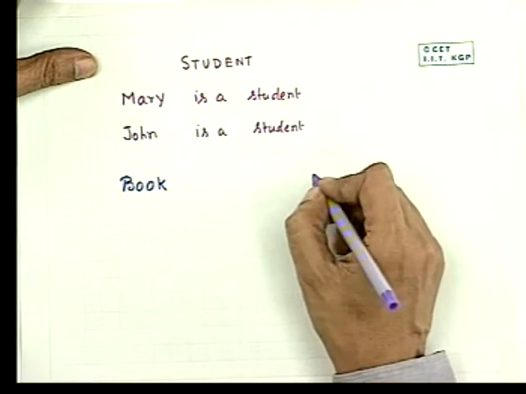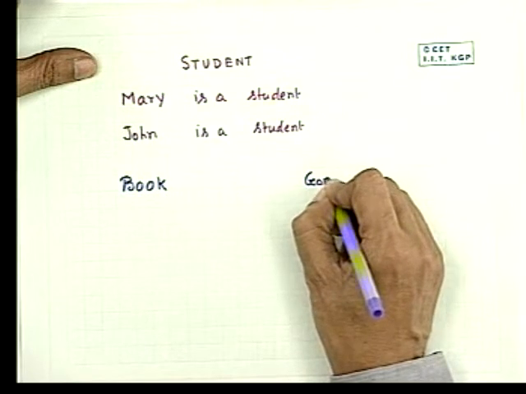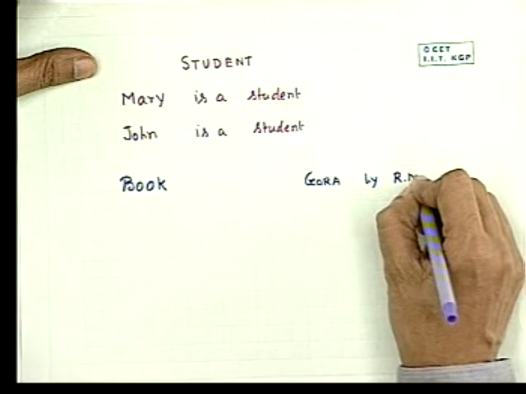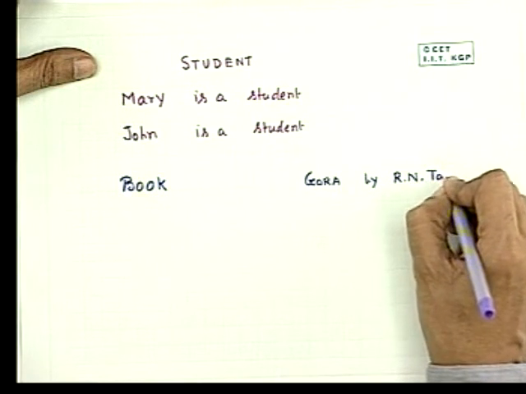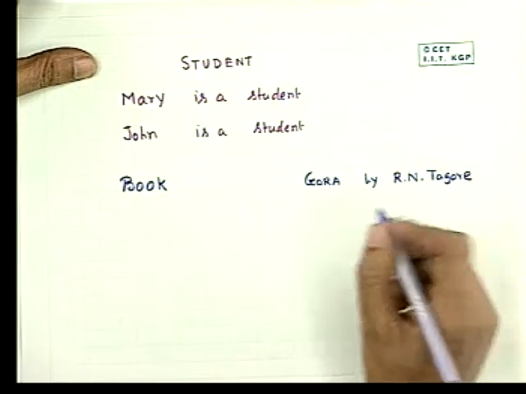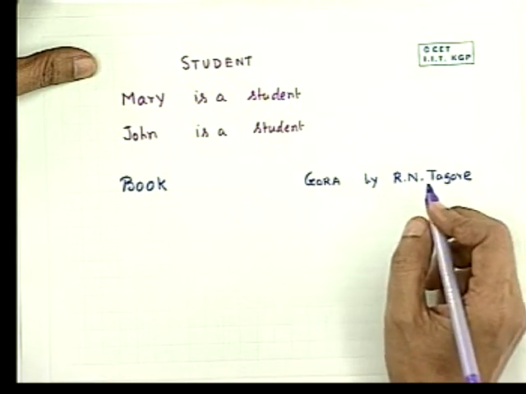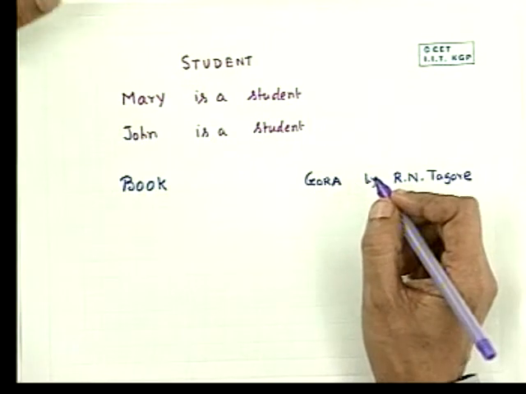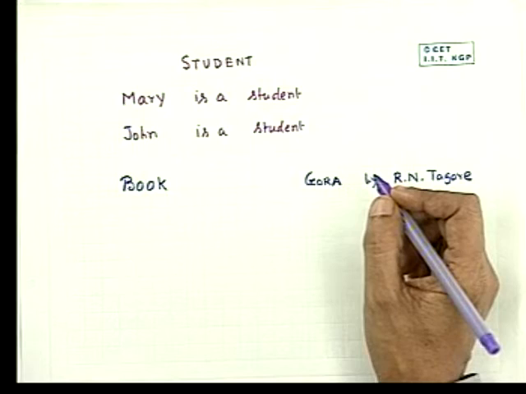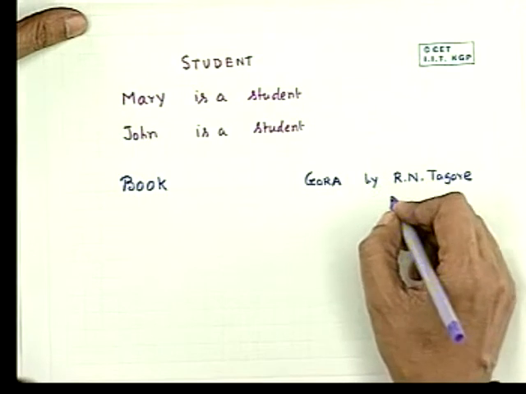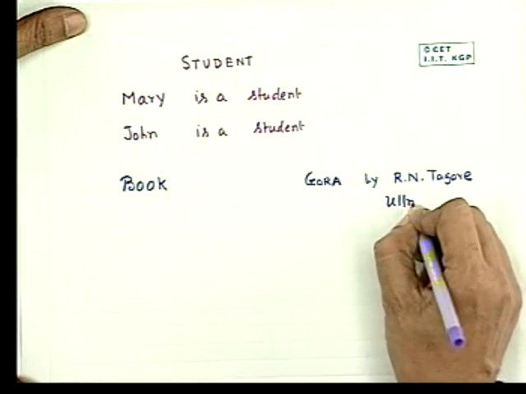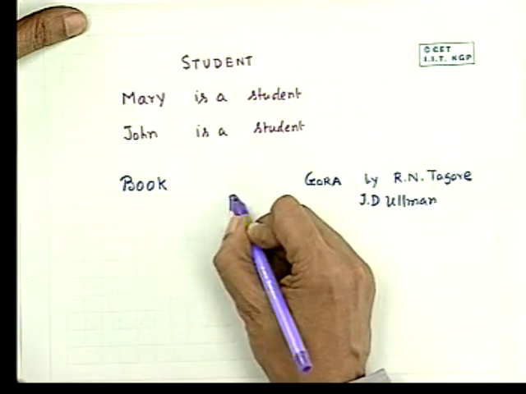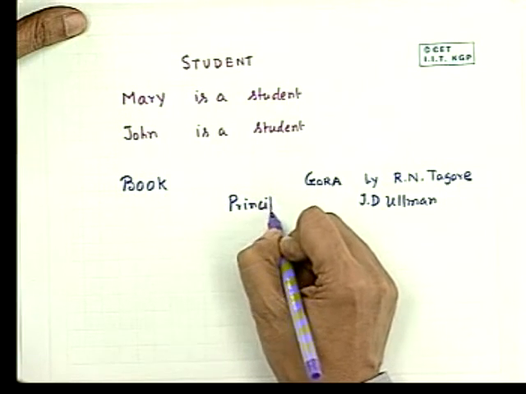For example, Gitanjali, written by Rabindranath Tagore, is a book. Similarly, we have another book on databases by Almond, Principles of Database Systems. This is also a book.